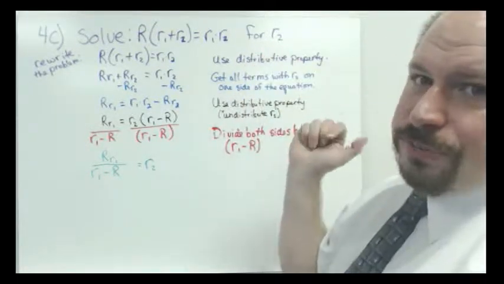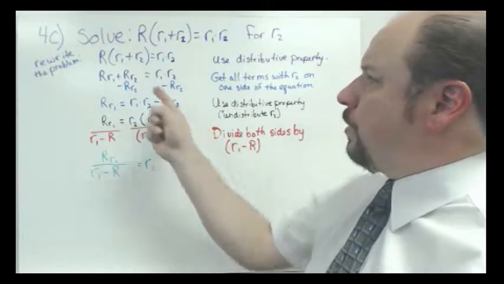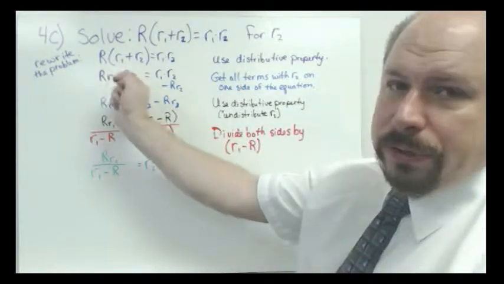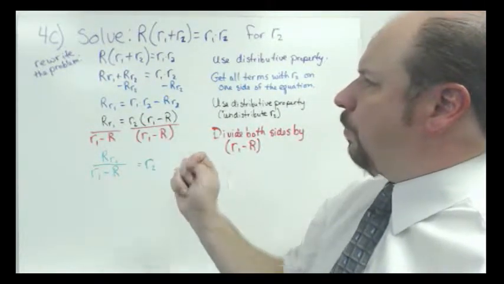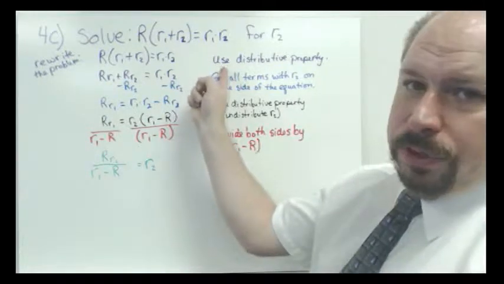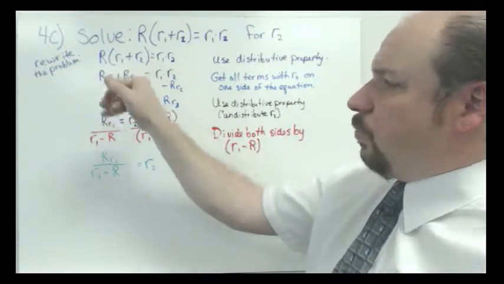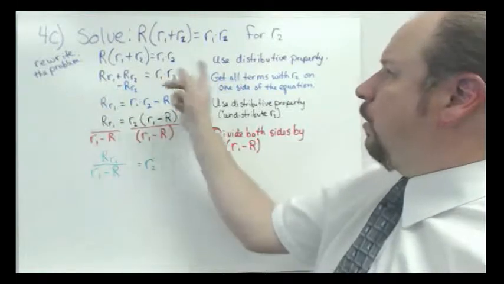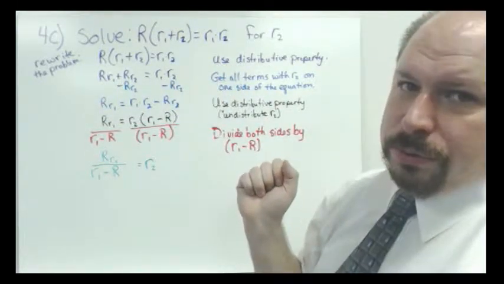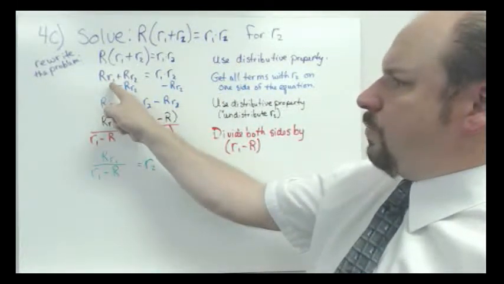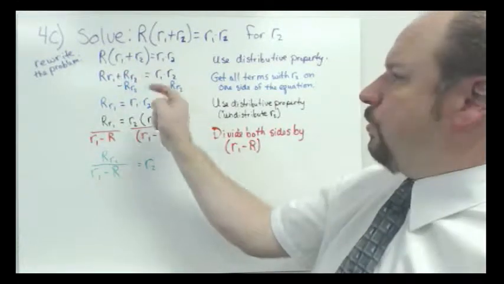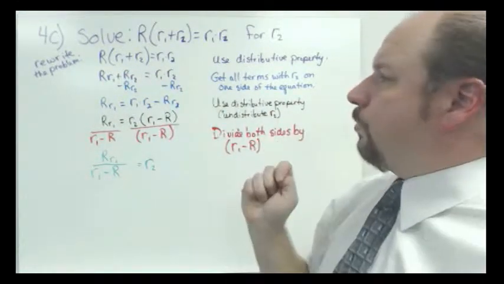We want to solve this for R2. So first we're going to, of course, rewrite the problem. So I have done that here. And the first thing we want to do in this case is simplify one side a little bit as much as we can. So we're going to do that using the distributive property. R times R1 plus R times R2 is equal to R1 times R2.